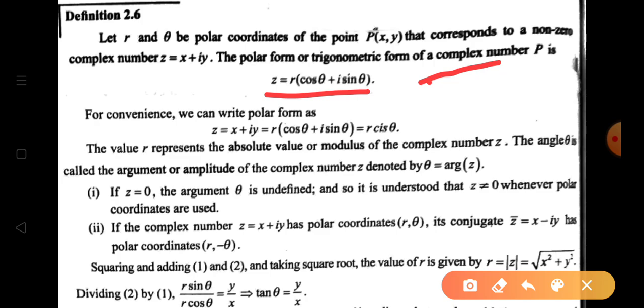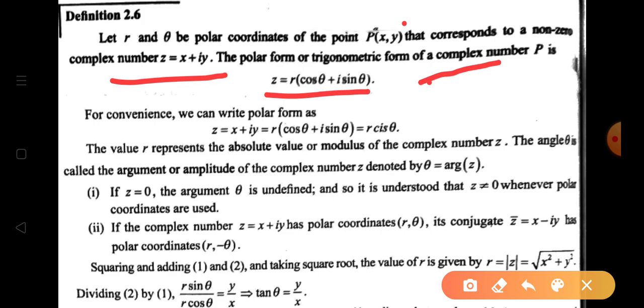Once again, listen: r and theta are the polar coordinates of the point P that corresponds to a non-zero complex number z.